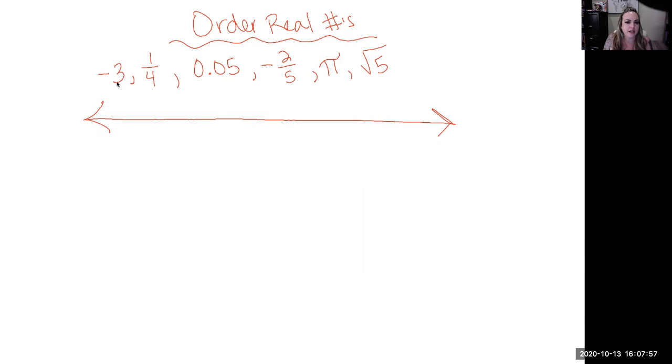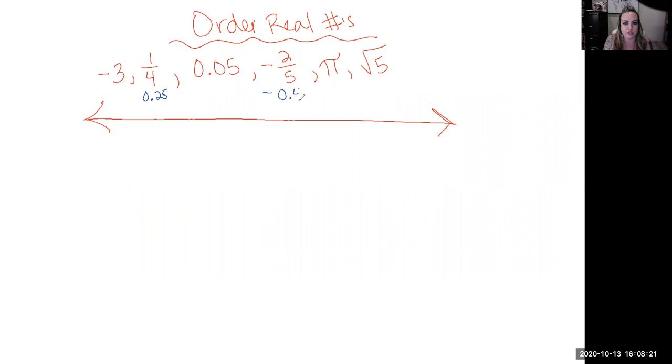Well, we know that -3 is -3. 1/4 is 25/100, right? This is 5/100. -2/5, you would just simply put that in the calculator. So 2 divided by 5, 4/10, and you would put the negative with it.